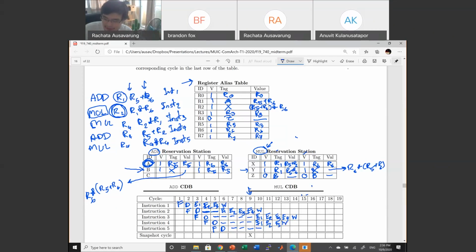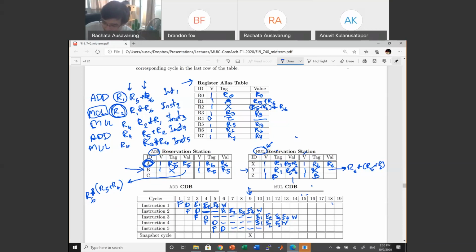Basically, it says who needs B, and you see that C needs B. So you're gonna update this part and say this becomes valid. This is B. And what is B? B is whatever value this becomes.